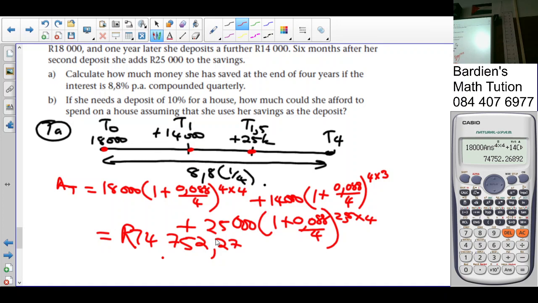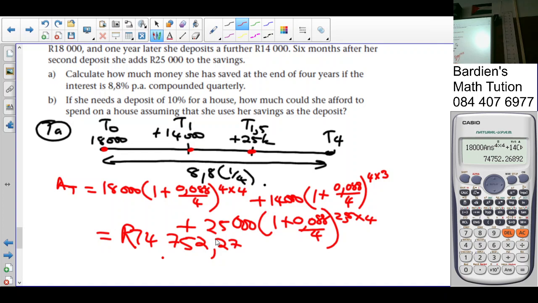Right, who got the sum wrong? Right, where did you go wrong? Right, read from the top. 18,000, open bracket 1 plus 0,088 over 4, so this 24 times 1. Okay, that's correct.